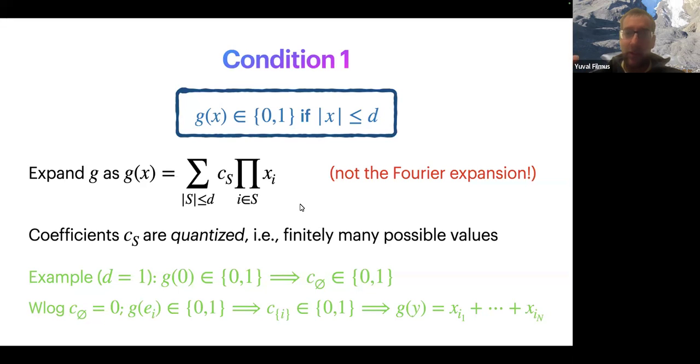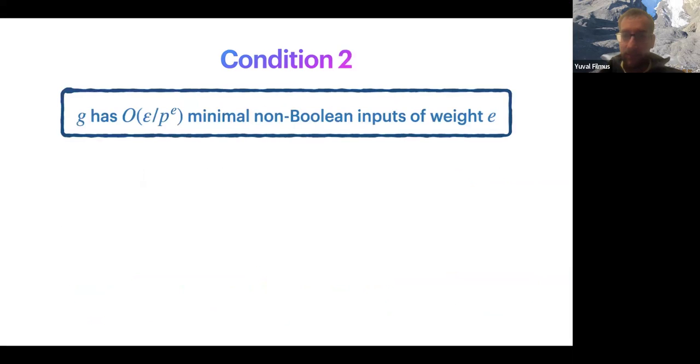Okay, so this was the first property that this function G satisfies. Now the second property is going to allow us to bound n. In the degree 1 case, we said that G is either of this form or 1 minus this form, and also we had a bound on n. So this bound on n is going to come from the second condition. Okay, so here's the second condition.